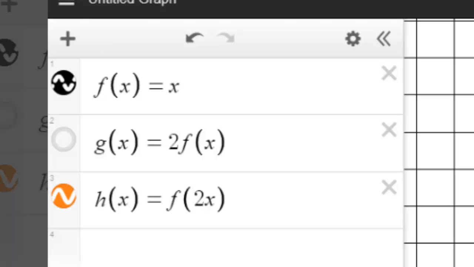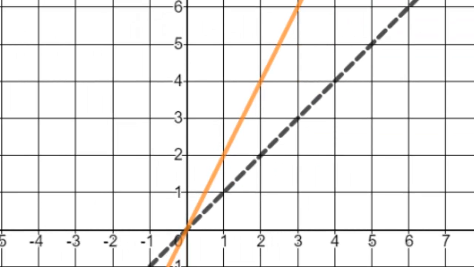Now when we compare that to the bottom function here, this is horizontal, and I know it's horizontal because the calculation occurs inside on the x. What's happening is all of my x values are getting 2 times smaller, not 2 times bigger. So in that context, we are compressing this thing horizontally, which means we're pushing inwards from the outside like this, and the graph is still going to move in this direction.